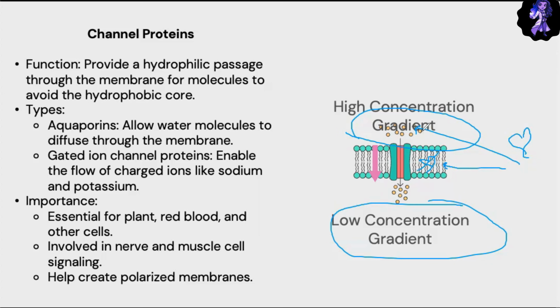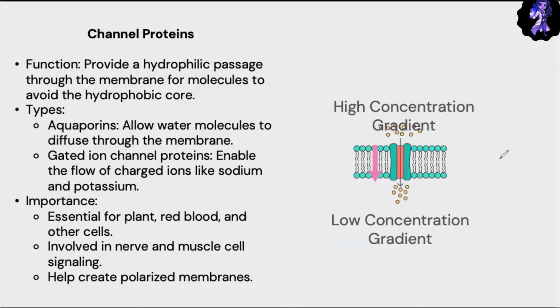And so these water-loving particles will not be able to flow as easily as if they use some sort of channel protein. The channel protein provides a barrier, sort of like a tunnel, to protect the particles from the hydrophobic tendencies of the internal environment. So the channel protein allows for that movement.